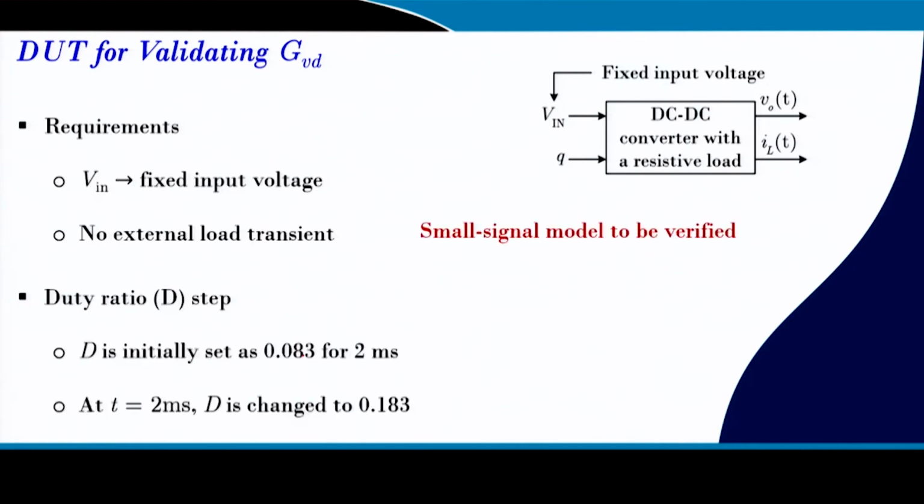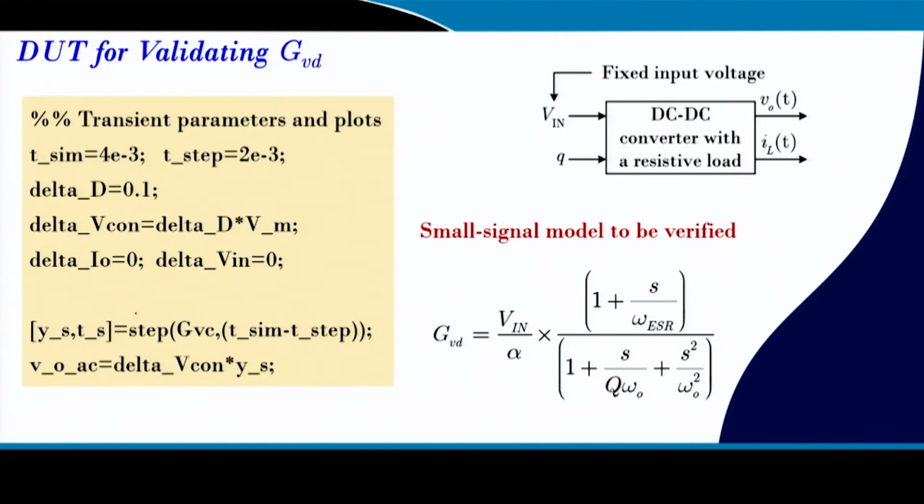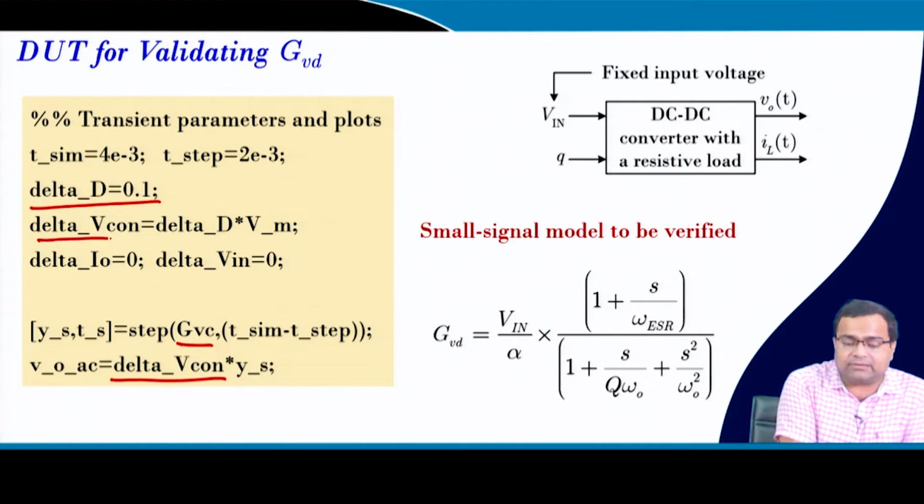So, GVD, what we have to do? I need to change this. That means, I need to take a step change in the duty ratio, and then this should be GVC, and you need delta V con, because ultimately this delta D will reflect a change in the V con.